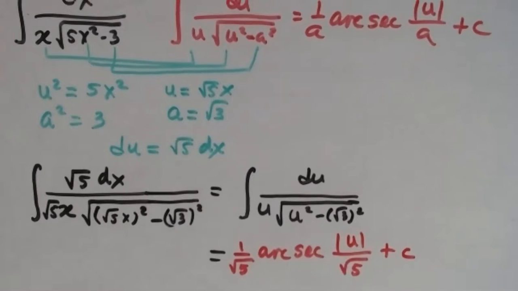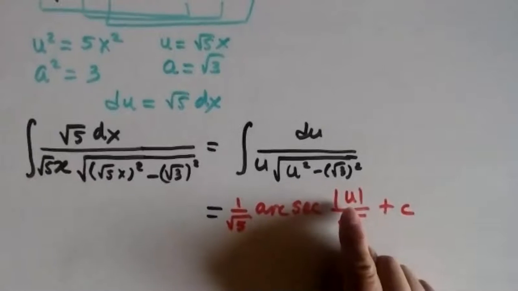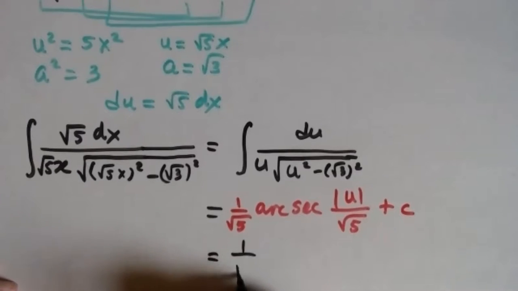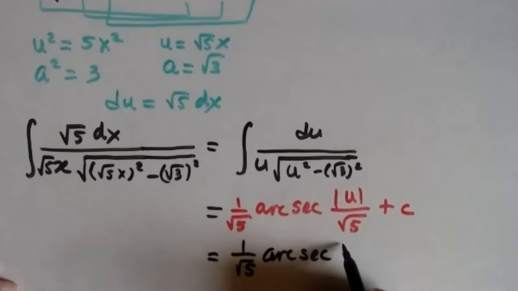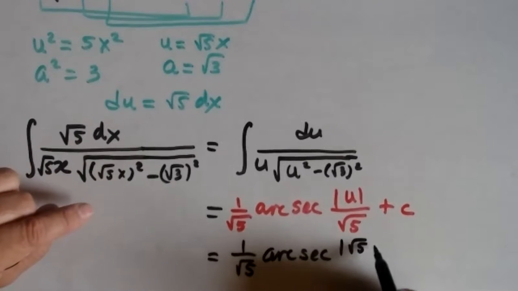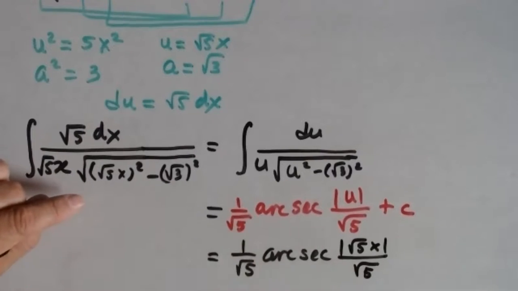So that's my solution. And the only thing I have to do is set back the u. So this is going to be 1 over the square root of 5, the arc secant of the absolute value of the square root of 5x over the square root of 5, correct, plus c.